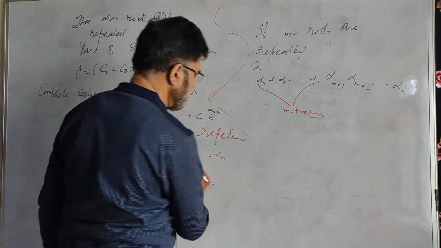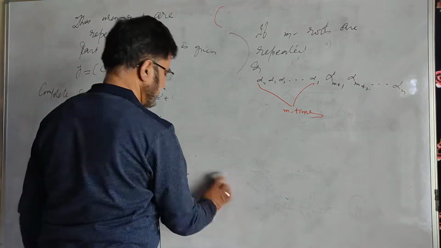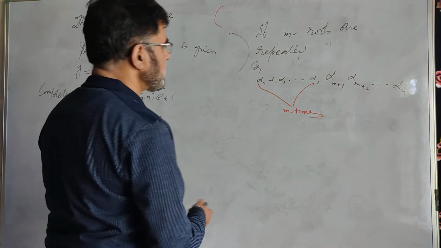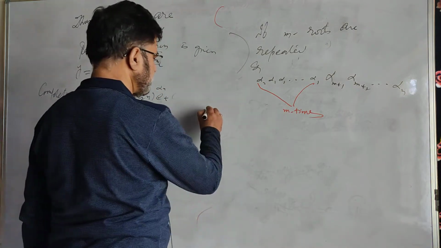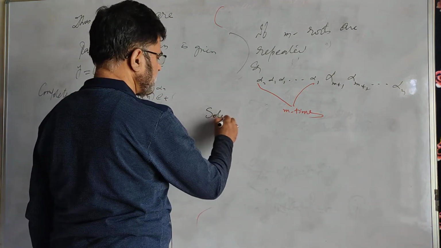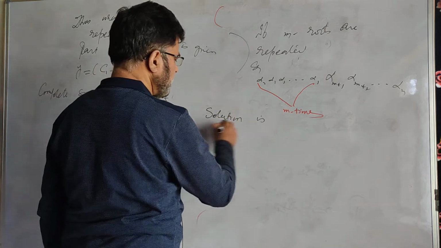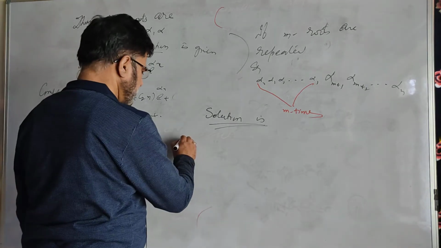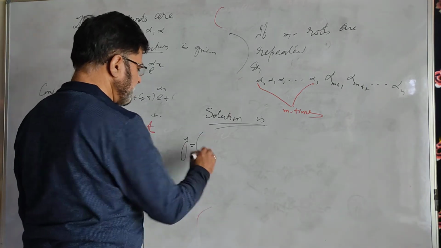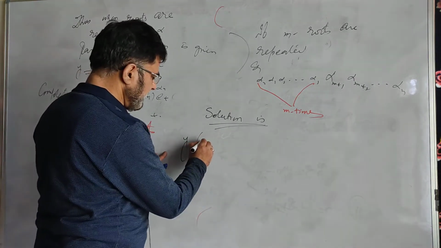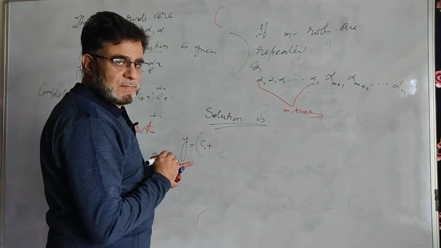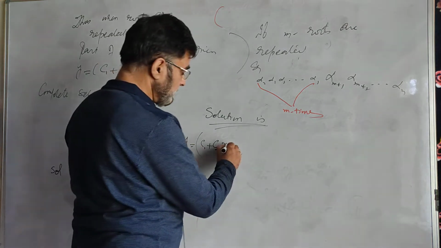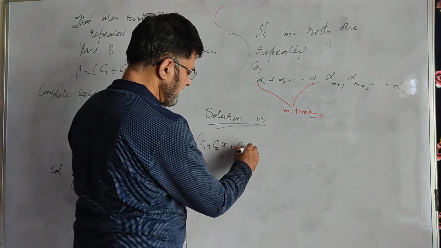How do we proceed in the solution? Then the solution is, just look, y is equal to again c1, then plus c2x then plus c3 x square.